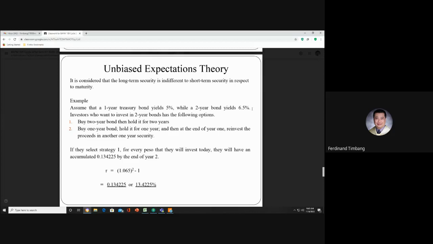Kaya kung makikita ninyo class, meron tayong 1.065 raised to power 2, kasi lumalabas, kinompound natin yan, no?